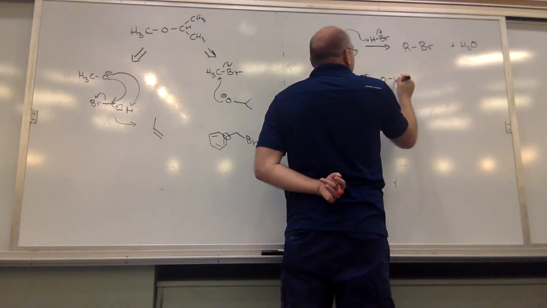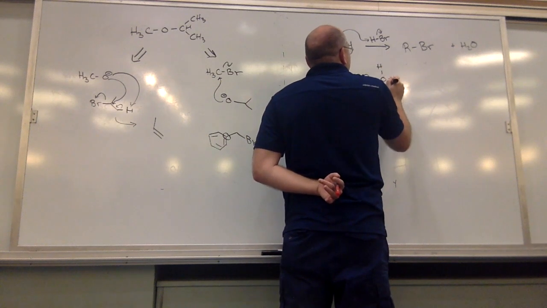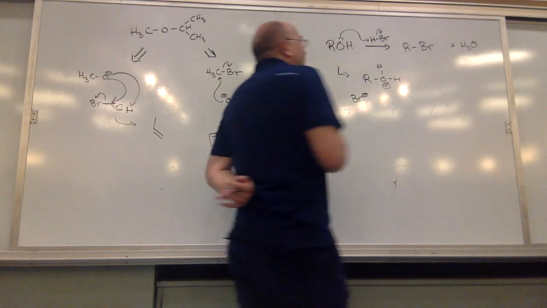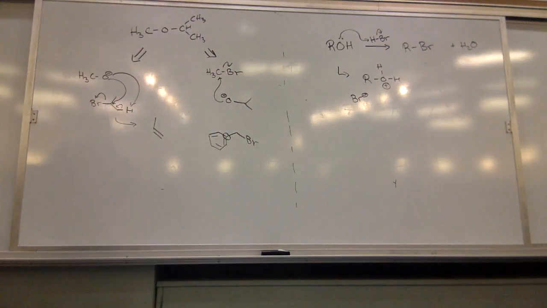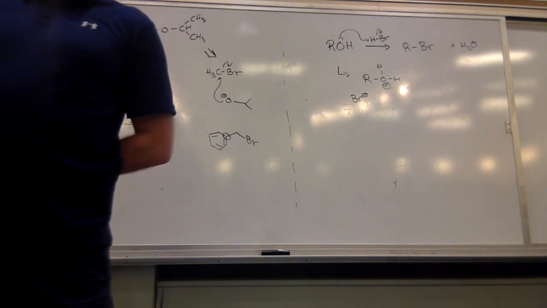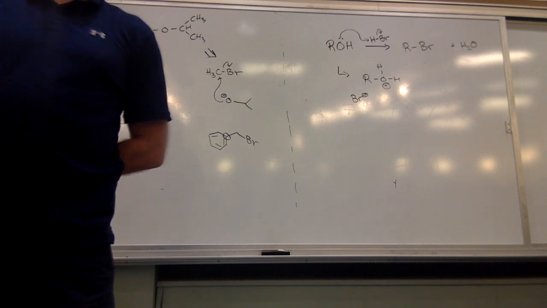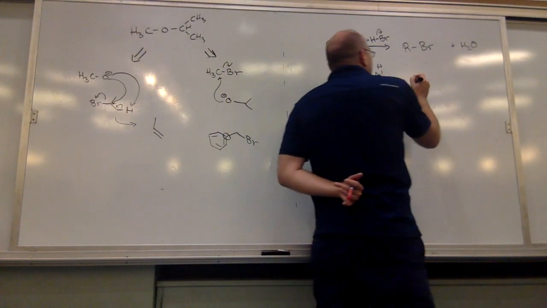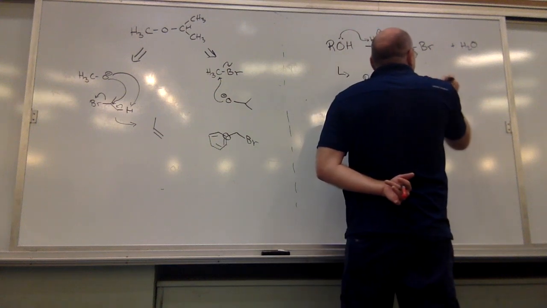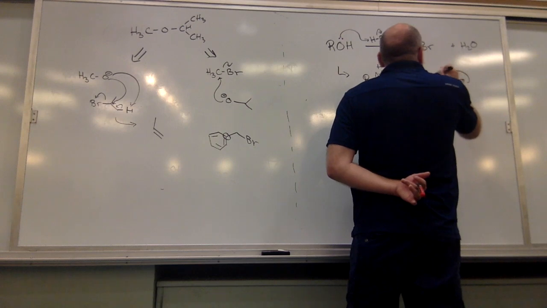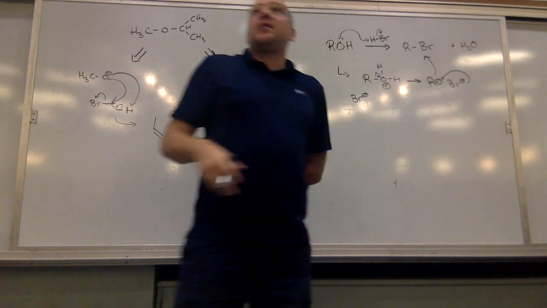As we'll see, there are other, more mechanistically complicated ways to do it, but this is a fairly straightforward mechanism that's consistent with what we've seen in the past. We've generated water, an H2O plus leaving group. This can leave. We leave behind our cation. Bromide then attacks, and that's going to react.